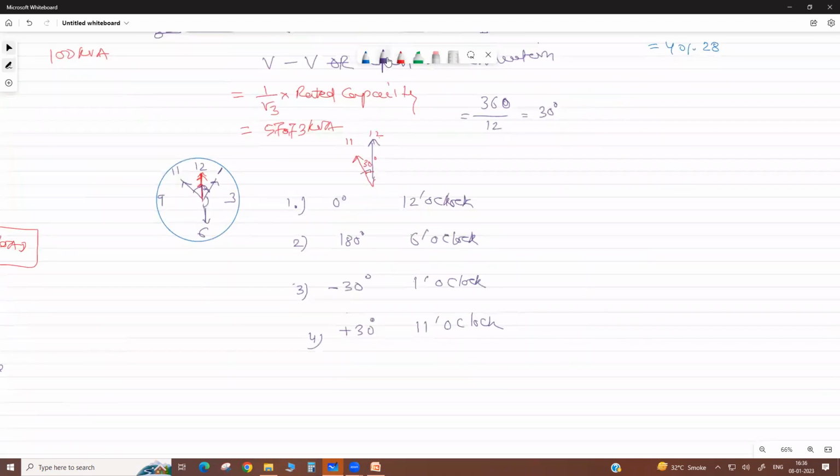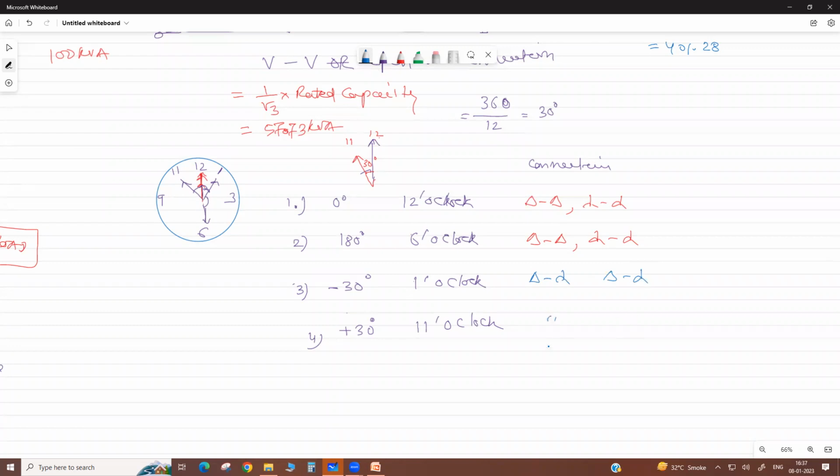Now actually 0 or 180 degree, in which connection is this possible? We get it when your primary and secondary are connected either in delta delta or in star star. Same, this also. If your transformer is connected star star or delta delta, then only we get these two. And this 30 degree is when it is star delta or delta star.